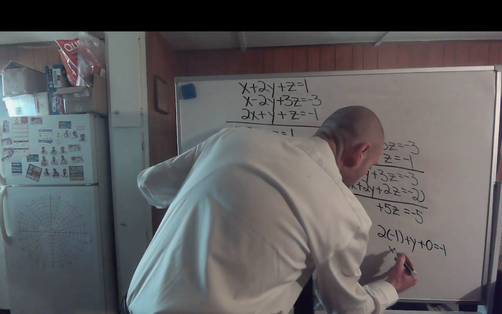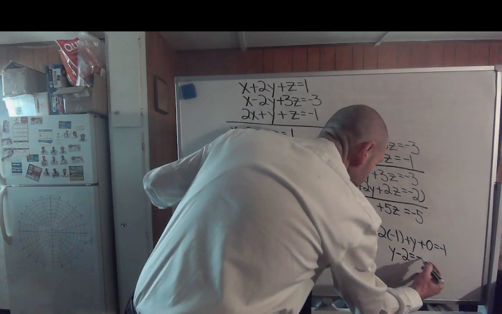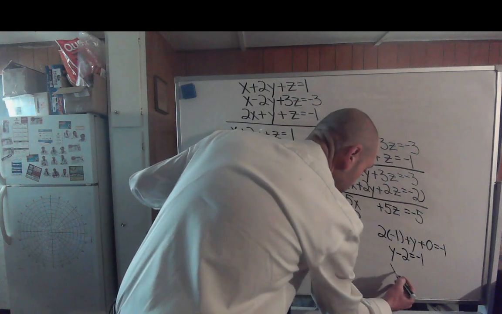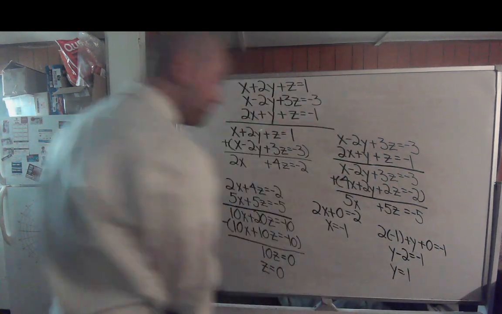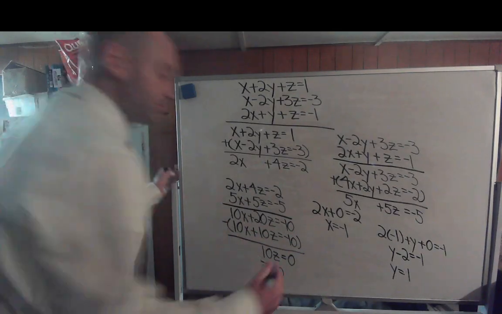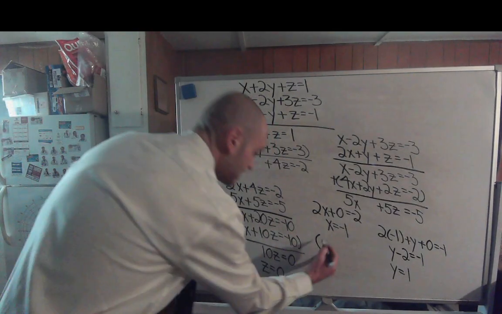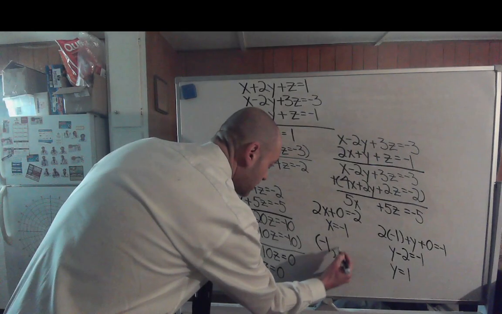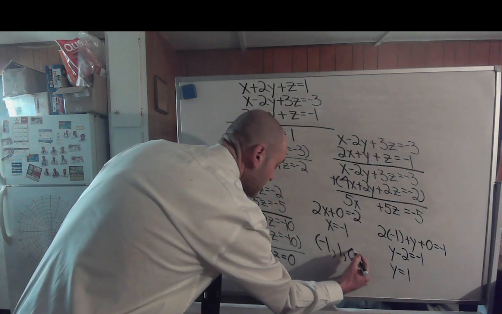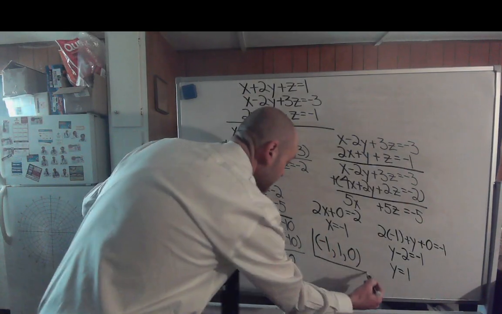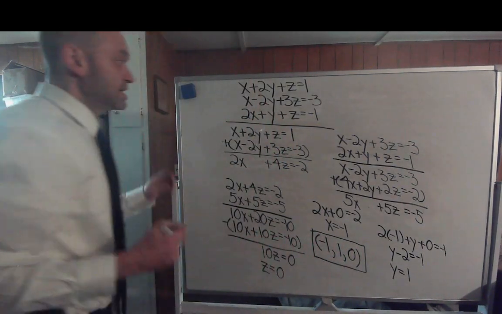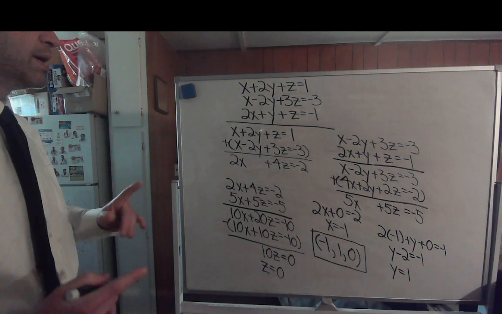So you'll get y minus 2 equals negative 1, which gives y equals 1. So now we found the ordered triple where these three planes intersect: negative 1, 1, 0.